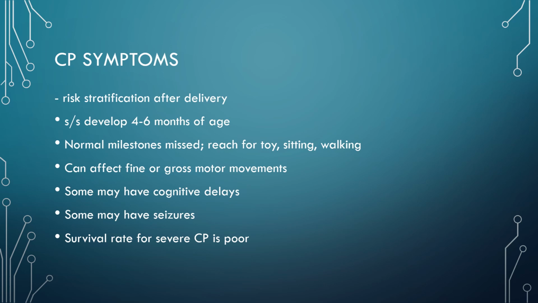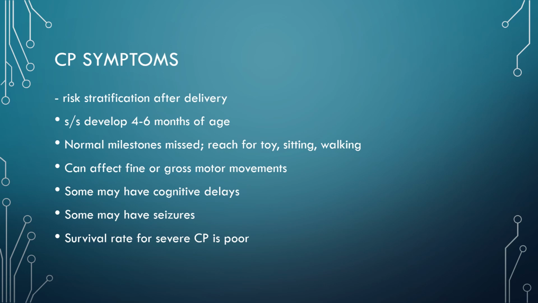So for every age group, every couple of months, we have a set of goals that normally developing children should be meeting, like reaching for a toy, sitting up, balance when they start walking, things like that. And then also fine versus gross motor movements.